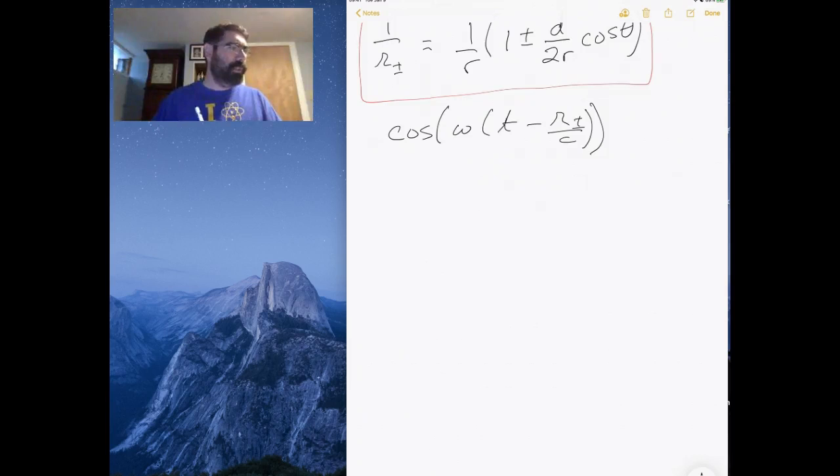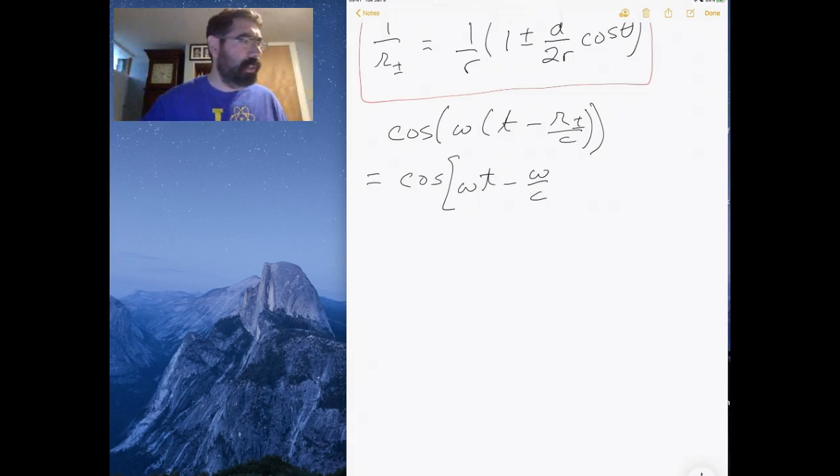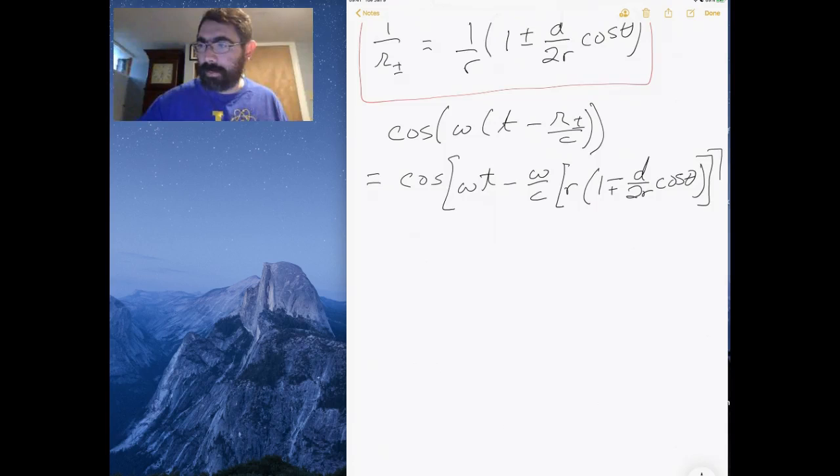What we can do is add in our approximations for r plus and r minus. So this would now be cosine of omega times t minus omega over c times r times 1 minus plus d over 2r cosine theta. Let me make sure I close all my brackets. Okay, let me combine some terms.